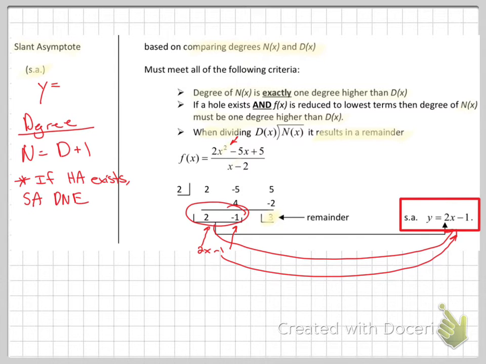You can't have both because the degree rule doesn't match up correctly. So if you have a horizontal, you can automatically put DNE for slant. If you find your slant asymptote first and you find one, you can put DNE for horizontal. You can't have both.